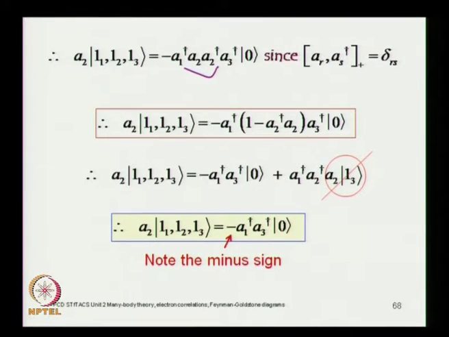So, note that there is a minus sign which has resulted. So far as the occupation number phase is concerned, it gets multiplied by minus 1.